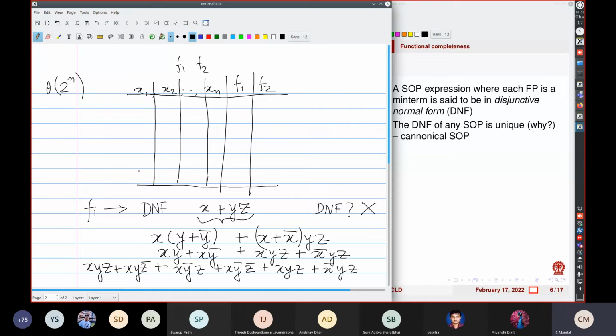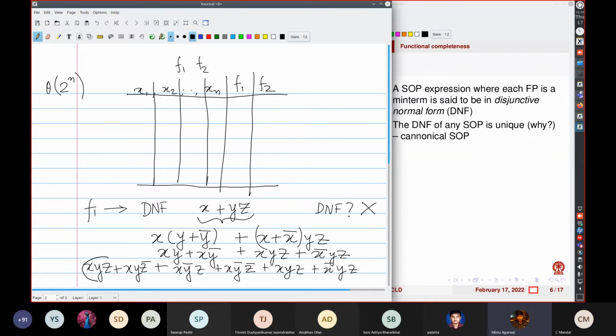It is not hard to see that the disjunctive normal form is unique. We have already studied the proof. Can you relate to what you have already studied? These are atoms.